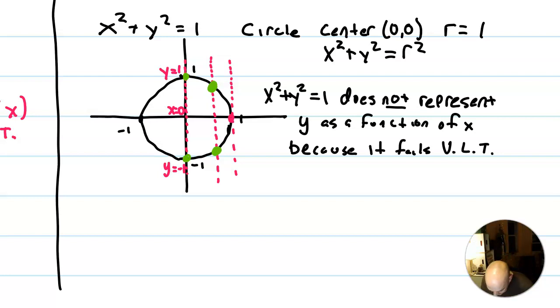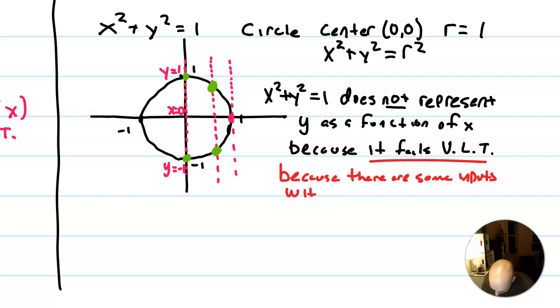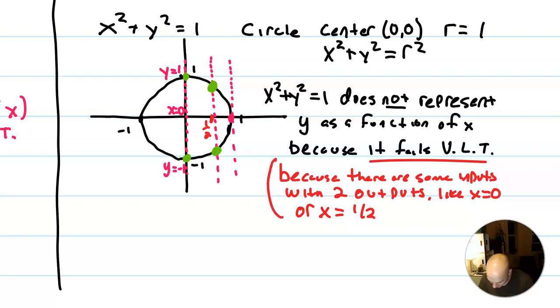So you might say, if you had to elaborate, that it fails the vertical line test because there are some inputs with 2 outputs, like x equals 0 or x equals 1/2, if we say we drew this line at 1/2 right here. No, that's not quite to scale. So that might be a little addition, a thing you can say on there to sound extra smart.